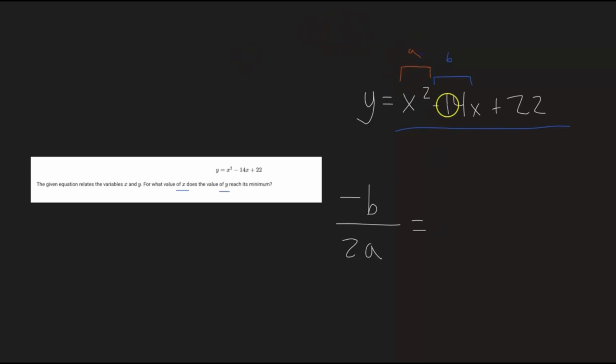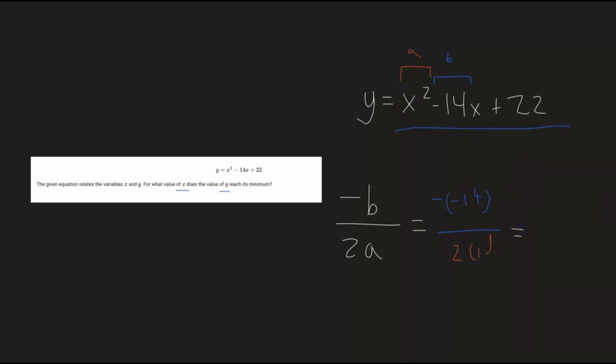So then our b value will be negative 14, but this is negative b, and so we have negative negative 14. And then for the bottom part, let's change to red. We know a is just going to be 1, so that should be 2 times 1 is 2.